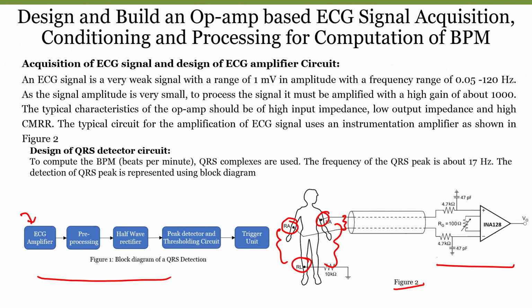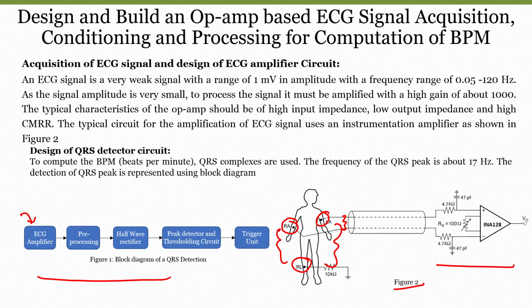The reason we go with an instrumentation amplifier is its advantages, like very high input impedance, very low output impedance, and very high CMRR, which is common mode rejection ratio. Because of the high CMRR, even though the input signals are almost the same, it can easily differentiate between the input signals applied to the system and we can observe an output.